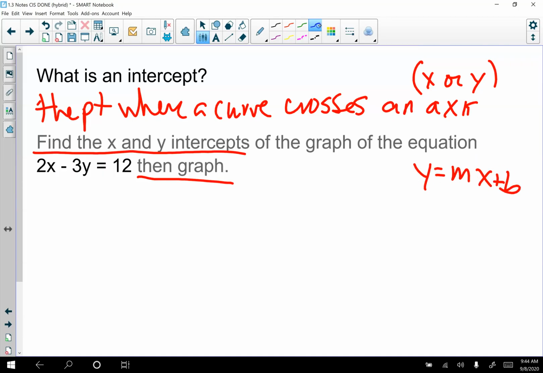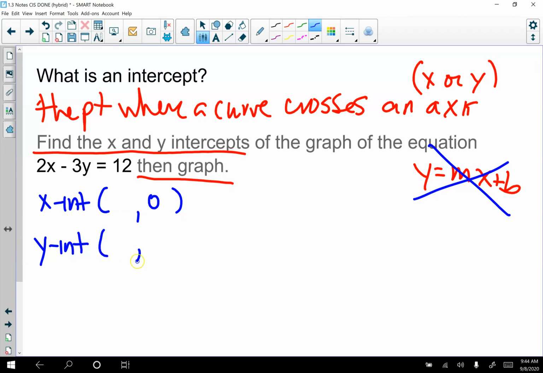So you will not do that. If you do that, you're going to lose all your points because I'm asking you to find it using the intercepts. So just like I did on the last screen, the x-intercept, I'm finding the x, and my y is 0. The y-intercept, I'm finding the y, and the x is 0.